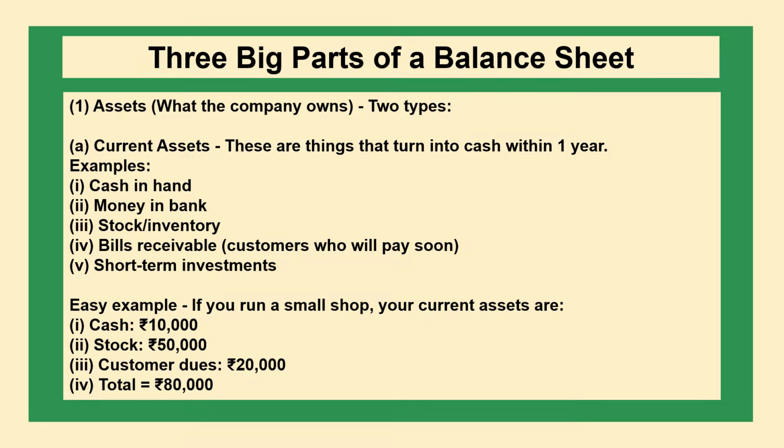Three big parts of a balance sheet. Number one, assets. What the company owns. That is two types. First type is current assets. These are things that turn into cash within 1 year. Examples: cash in hand, money in bank, stock or inventory, bills receivables, customers who will pay soon, and short-term investment.